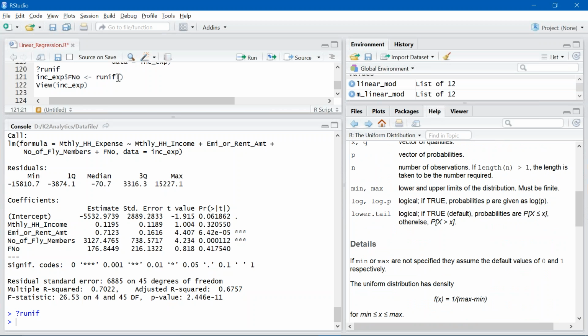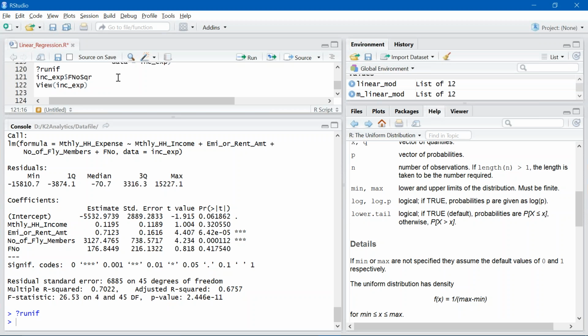Or what we'll do is, flat number square.